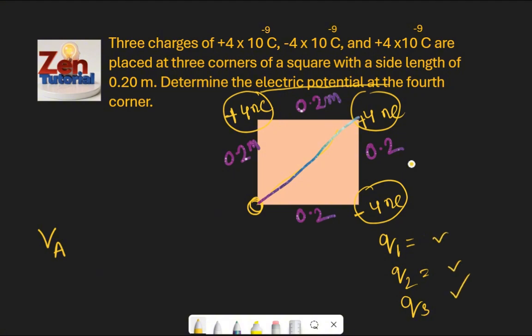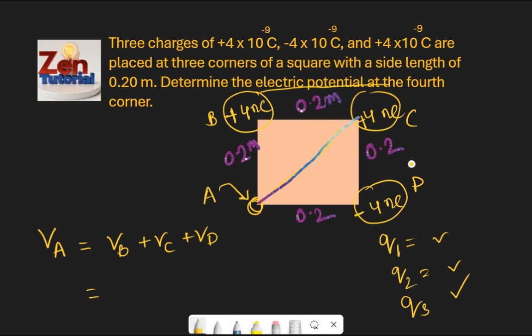So VA, I mean to say, if it is A point, fourth corner, so VA is equal to, we could write down VB if it is B, if it is C, and if it is D. So VB plus VC plus VD.